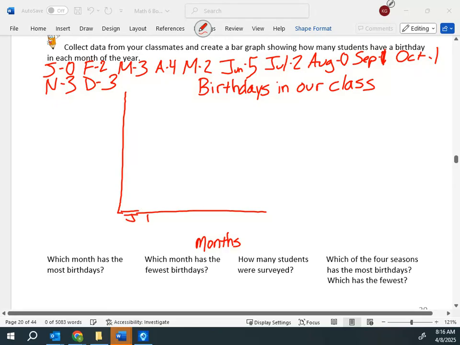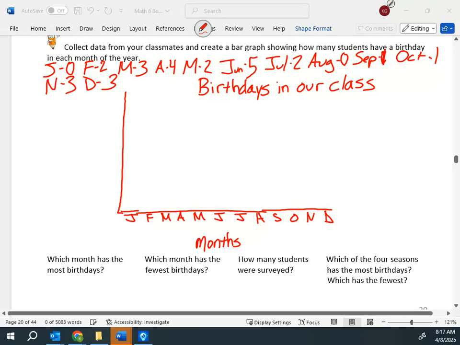So January, February, March, April, May, June, July, August, September, October, November, December. So there are 12 months. I'm just putting that first letter. You could write out the name if you want, that's fine. I just put the first letter just to keep it simple.